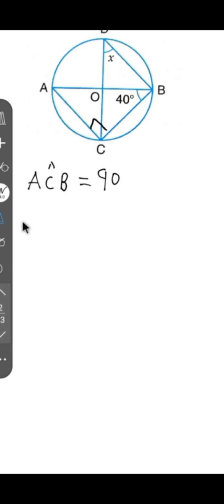So to get that one, we use the sum of angles in a triangle. The sum of angles in a triangle is equal to 180. So we say 40 plus 90 plus BAC, or CAB, equal to 180.